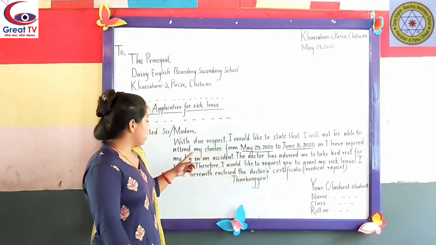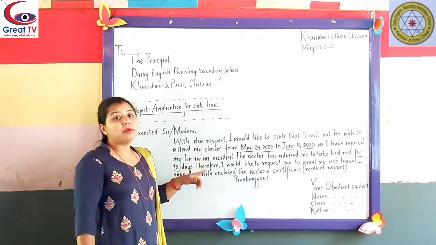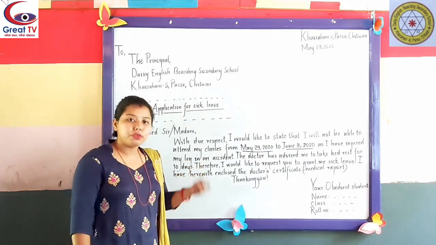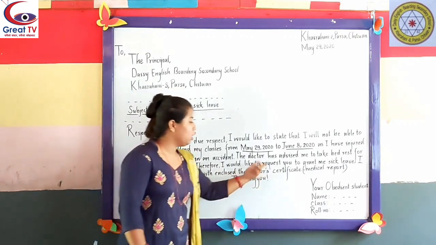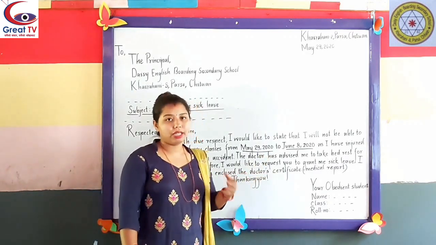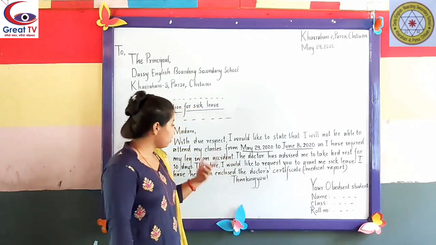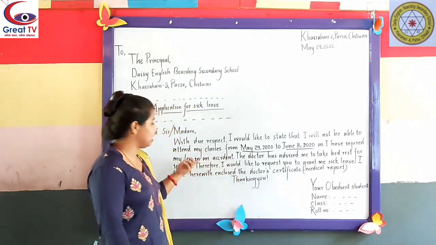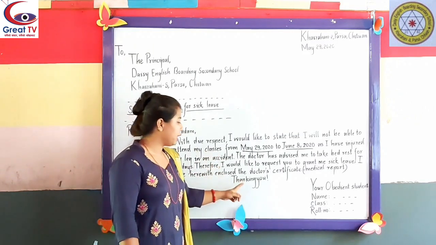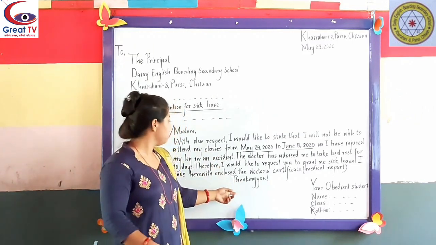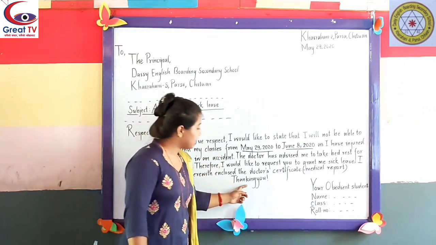And in this case, when you are talking about an accident, you need to give some proof to the head. A proof might be a doctor's certificate, a medical report, anything which can prove that you are seriously injured or you seriously need some bed rest. Then you have to thank your head by writing thanking you.